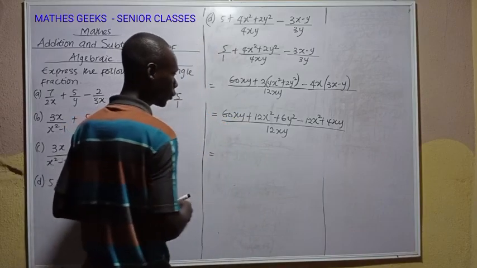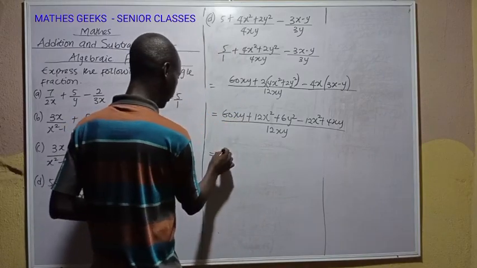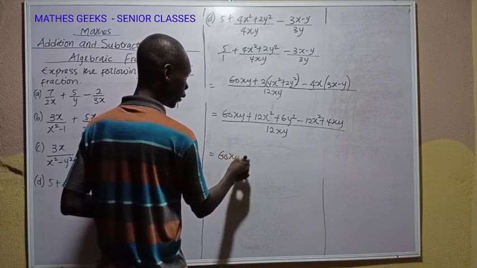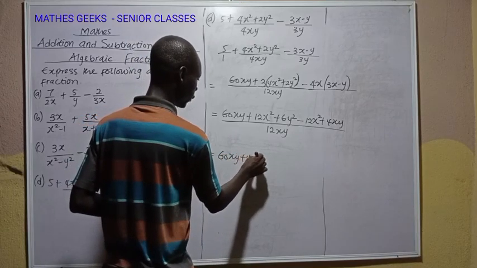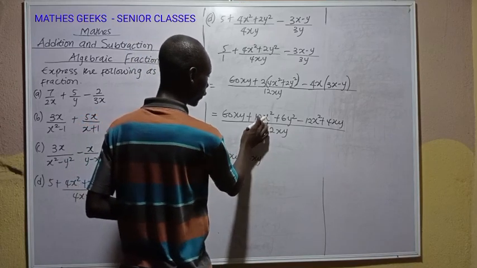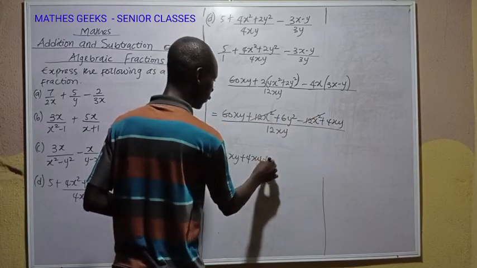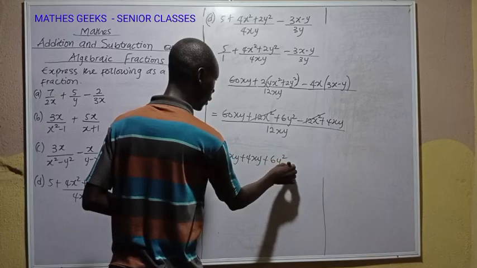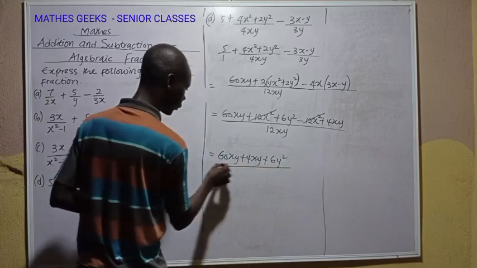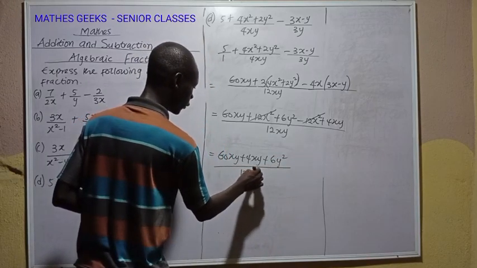This is equal to, collect like terms: 60xy plus 4xy, plus 12x squared minus 12x squared will cancel out. We are left with 6y squared over 12xy.